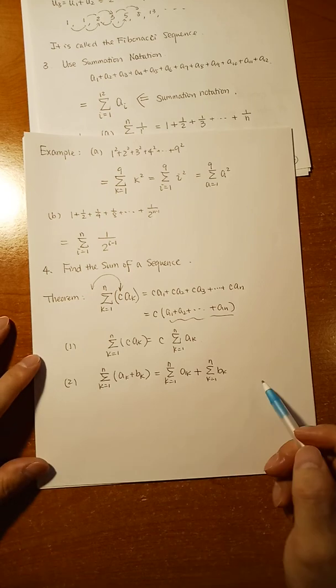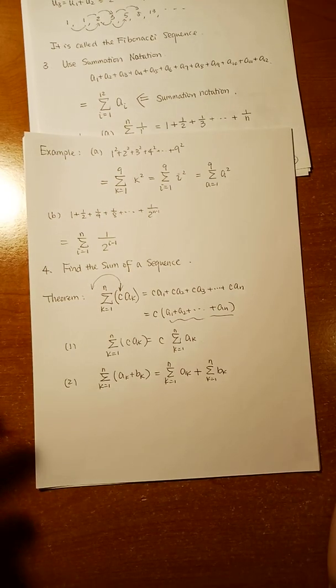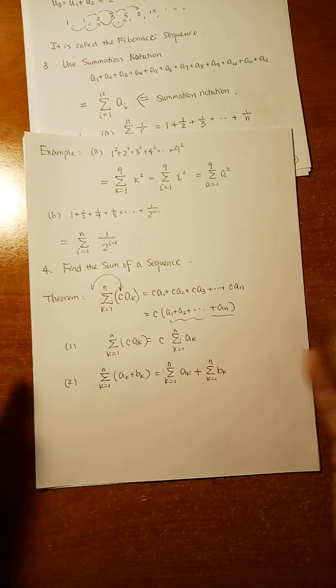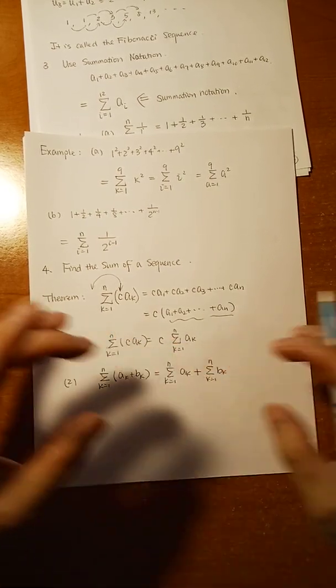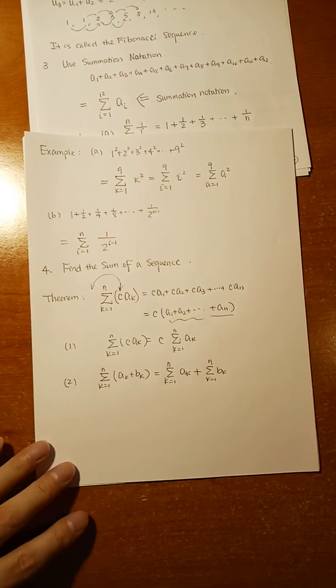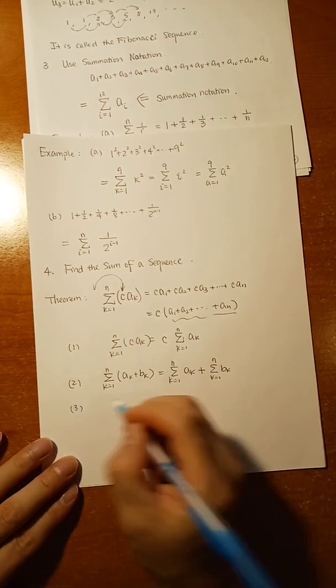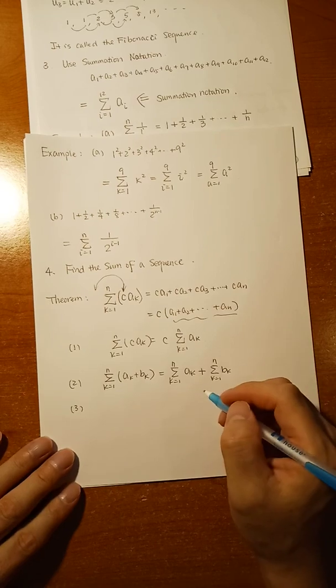Okay, so this is of course correct. It's like you regroup them. You get all the a terms together, all the b terms together, and then add each part separately, right? So that's correct. It's the sum rule.